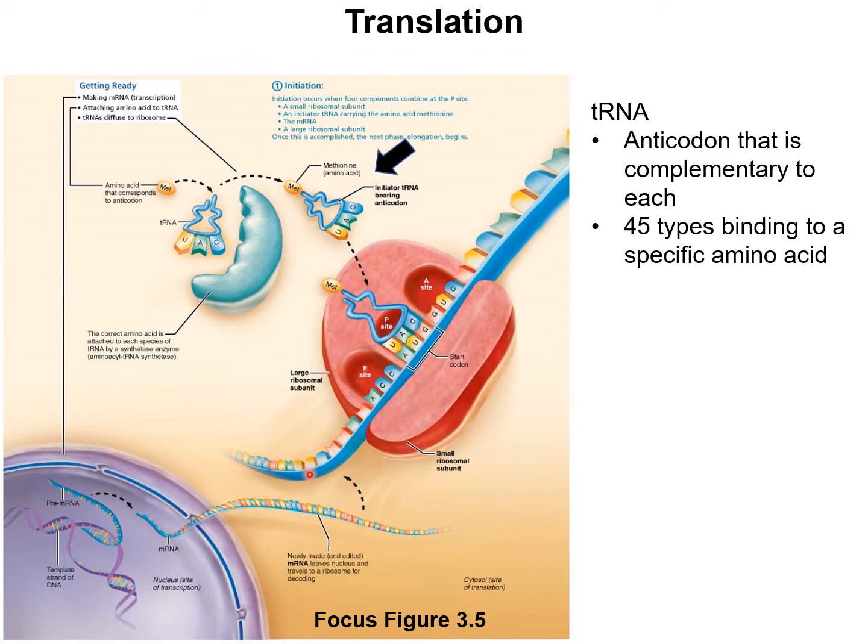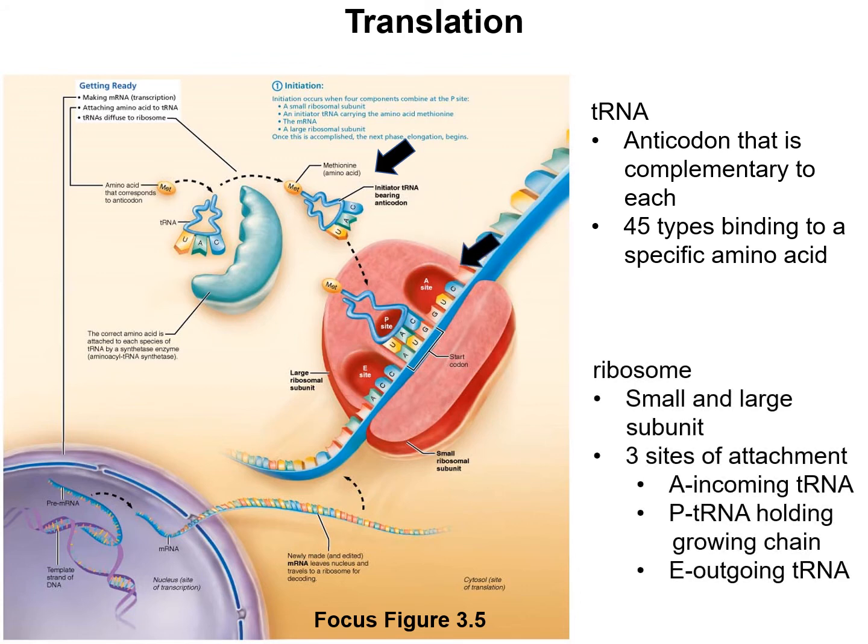This is the messenger RNA molecule that's being read by this ribosome. And speaking of the ribosome, it has 2 subunits: a small subunit shown here and a large subunit shown here.